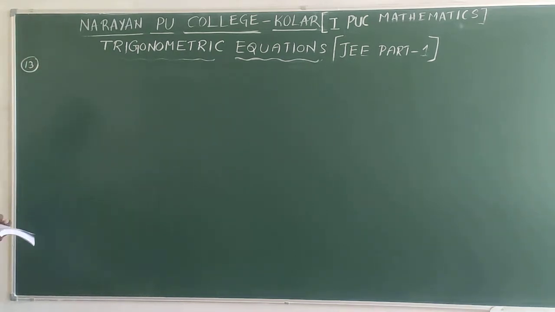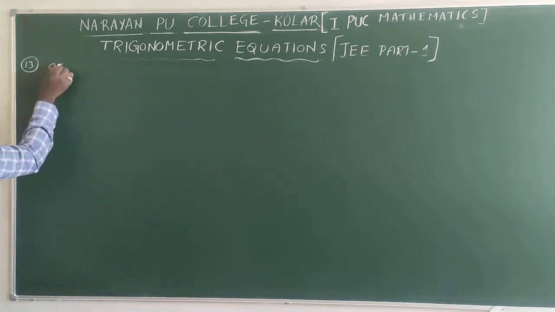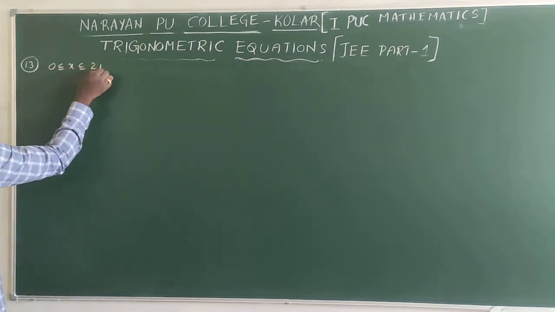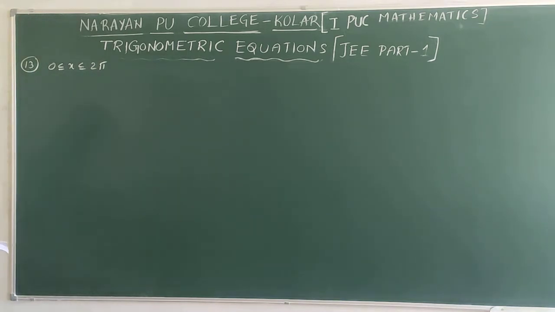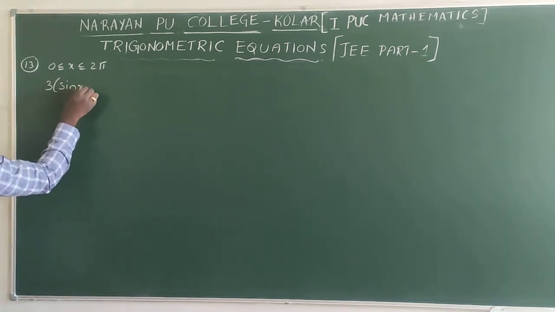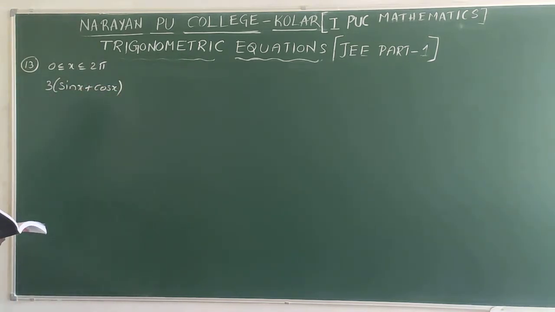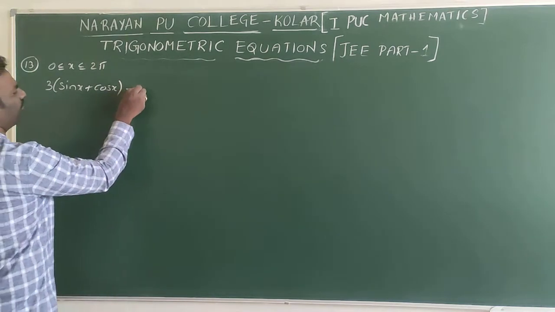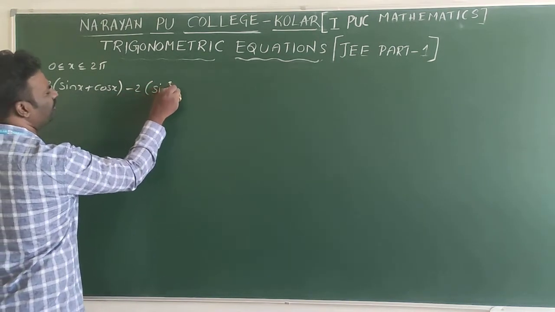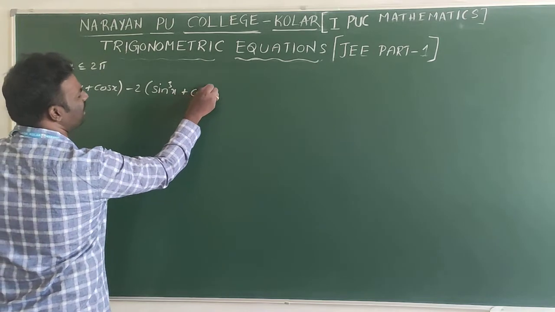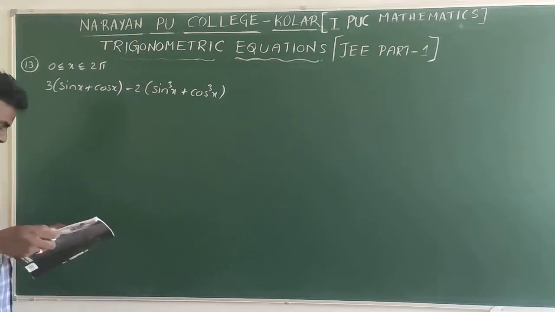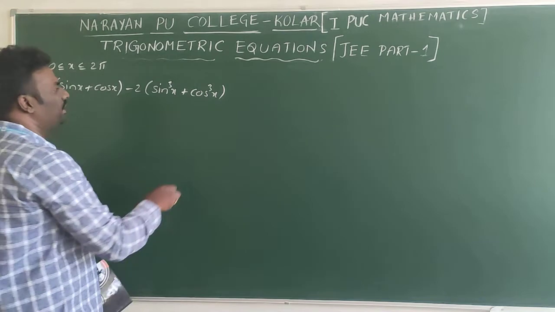Next, question number 13. They given 0 ≤ x ≤ 2π. The number of solutions of the equation 3(sin x plus cos x) minus 2(sin³x plus cos³x) is equal to 8.